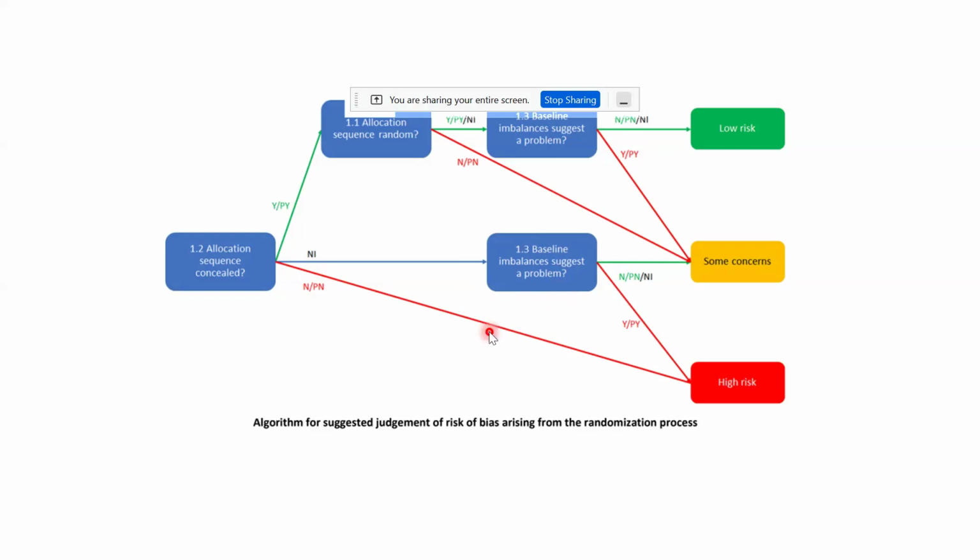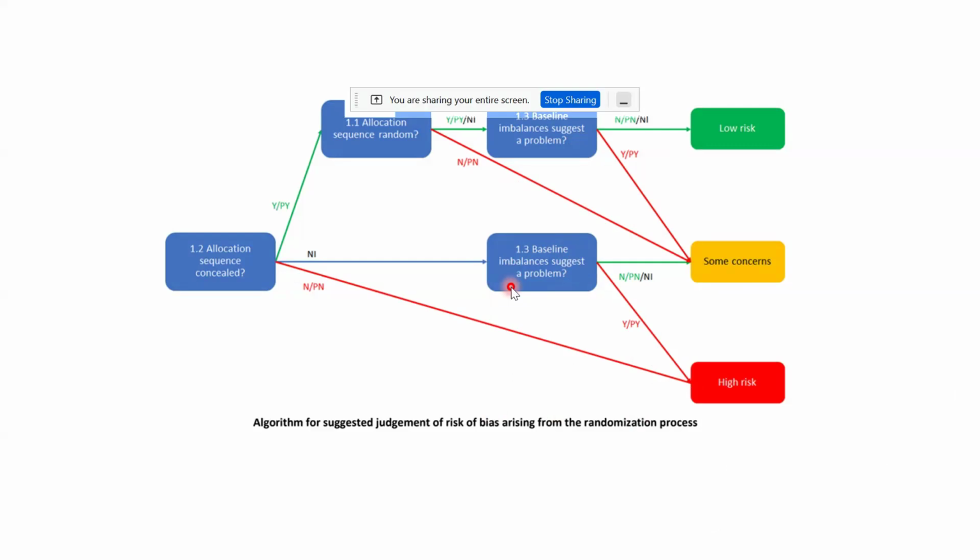They will show the intervention and the control group, and the baseline characteristics such as age, sex, and any other baseline characteristics relevant to the study, and they will show a p-value which should ideally not be significant. If it is significant, then it might suggest that the baseline imbalances are suggesting a problem.